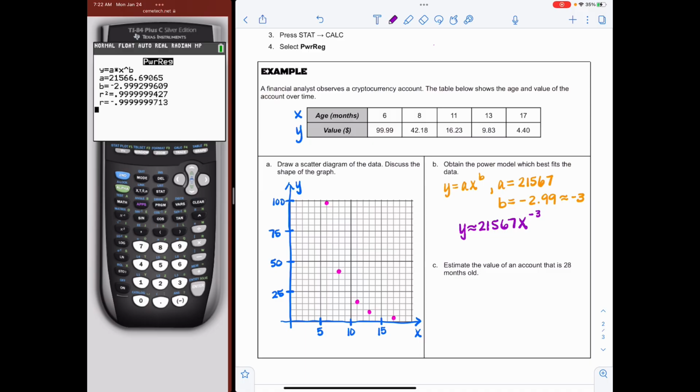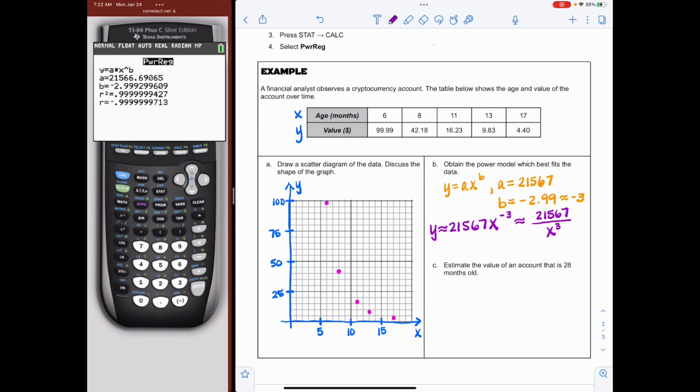So you could write it like that. Or if you wanted to, you could write it with the exponent being positive. Which means that you will have 21,567 divided by x to the power of a positive 3.